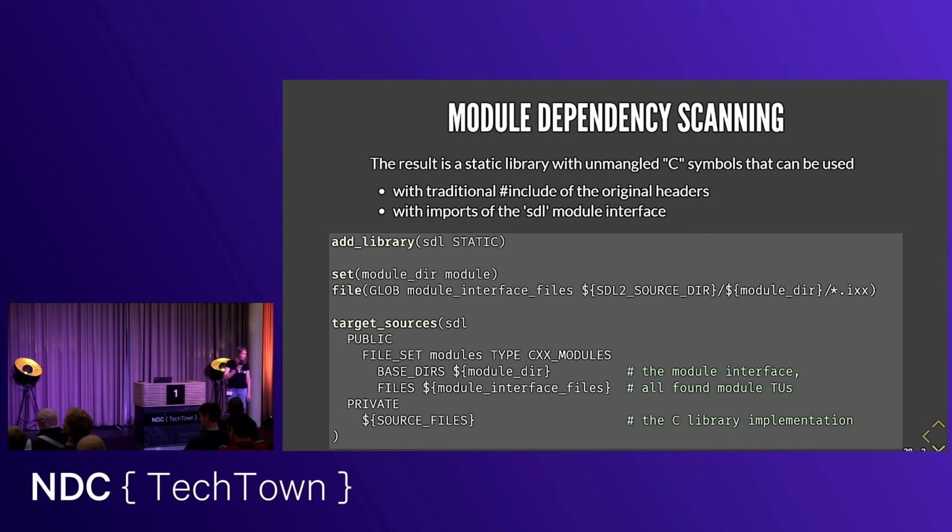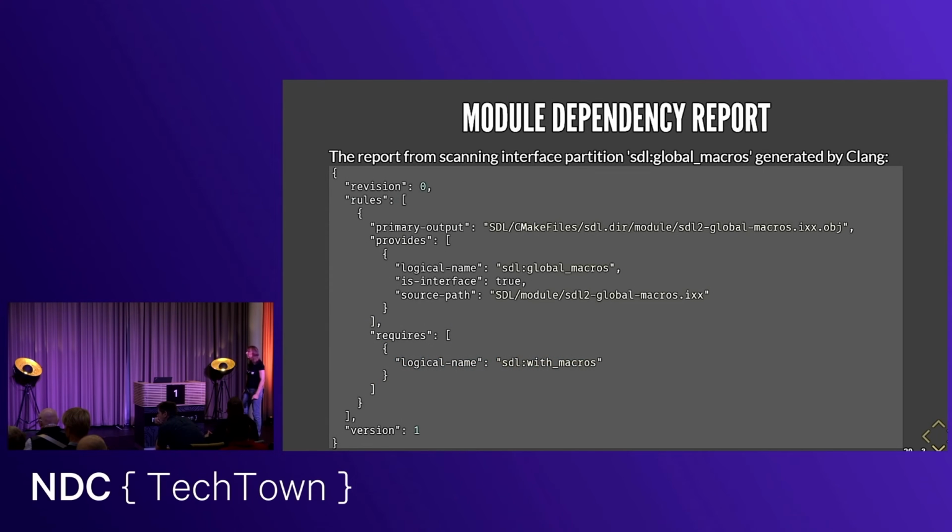And the SDL library comes with a CMake text file. What do we have to do to build these additional 3 translation units for the module? Well, except for the 3 magic lines, you add a file set with the module translation units of the interface. You can glob it if you have a distinctive file extension there. And what does the module dependency scanner of Clang tell us?